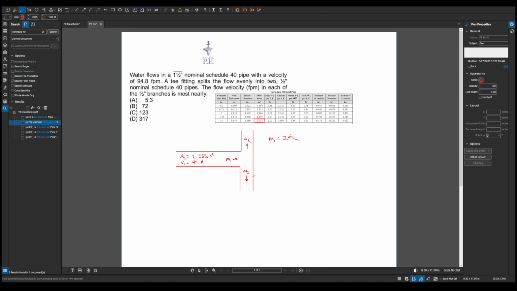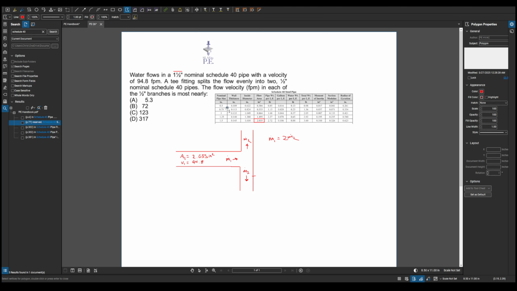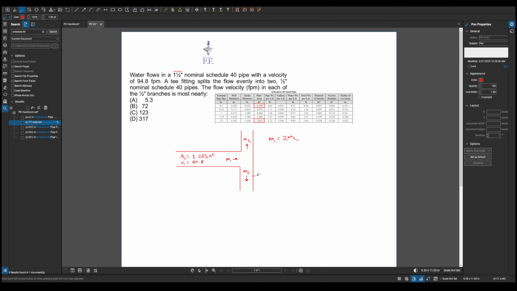We know that this is a 1/2 nominal Schedule 40 pipe. So we know that the flow area is 0.304. So area 2 equals 0.304 inches squared. And we're trying to find V2.